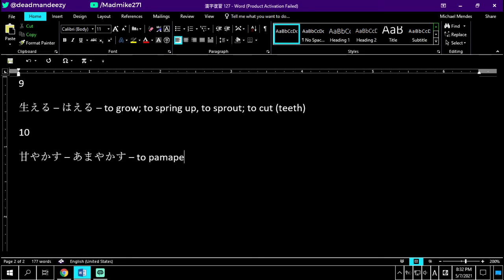Amayakasu is to pamper or to spoil. Amayakasu. Pamper or to spoil someone.